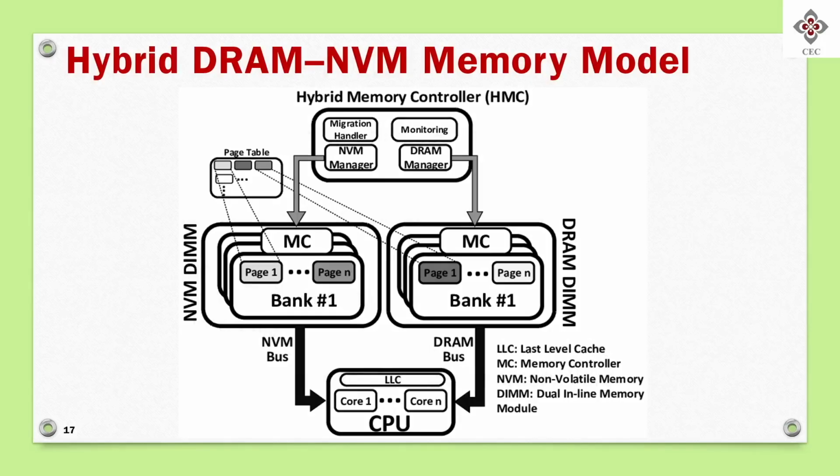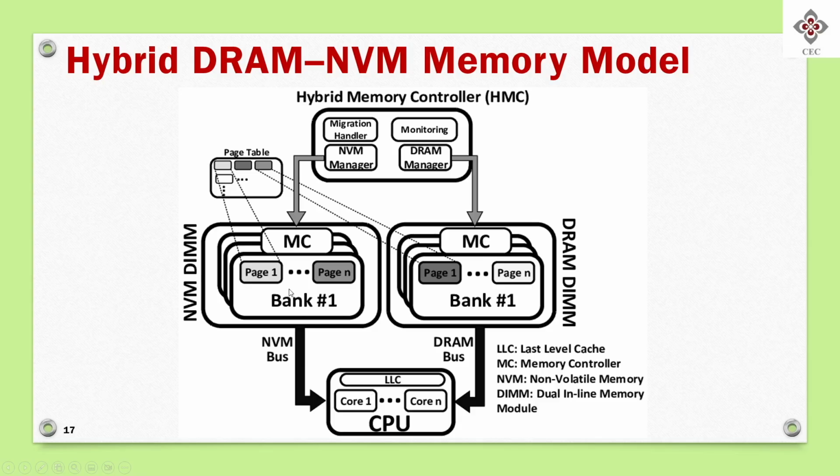If you look at this, we have the NVM dual inline memory module and the DRAM dual inline memory module. Accordingly we have to assign the pages. We have a lot of pages here and the memory controller will control how pages are assigned. Based on the core, for example, the CPU is running with multiple cores and the LLC, the last level cache, is handling the current data required for the core to be processed.